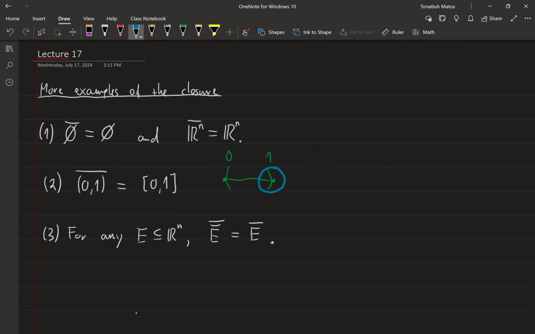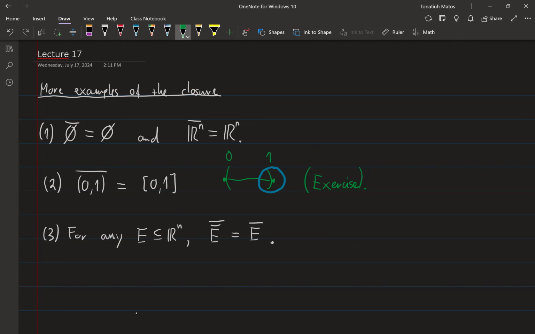But this is easily achieved because this radius will always contain things that are smaller than 1, and therefore inside the interval (0, 1). And the same works for 0, right? If you want to practice writing these proofs, then this is a good exercise. It's probably the simplest non-trivial example of proving that something is the closure of something else.